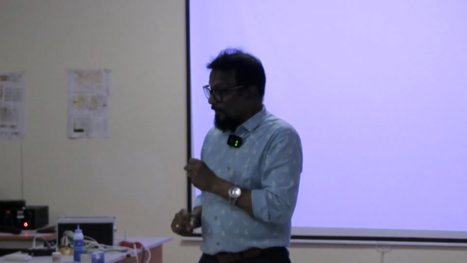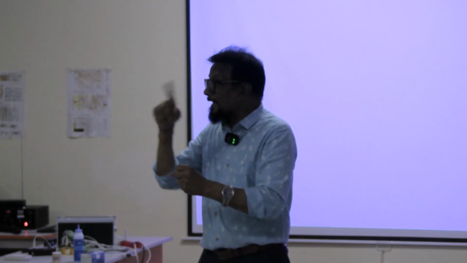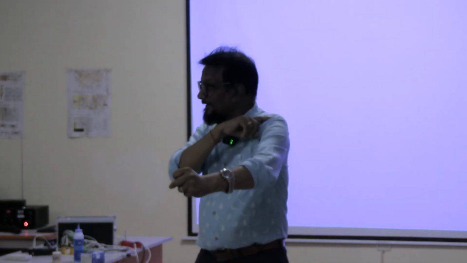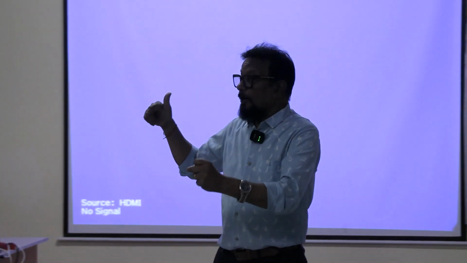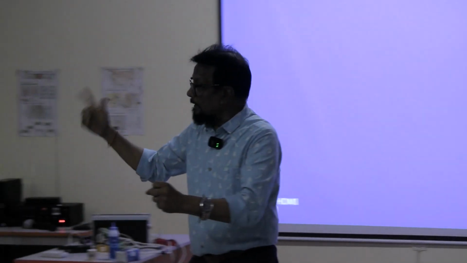The result is 0. So when I place the exploring electrode on the right hand, what is the voltage of the right hand in reference to 0 voltage? What is the difference? That is AVR, augmented unipolar limb leads.